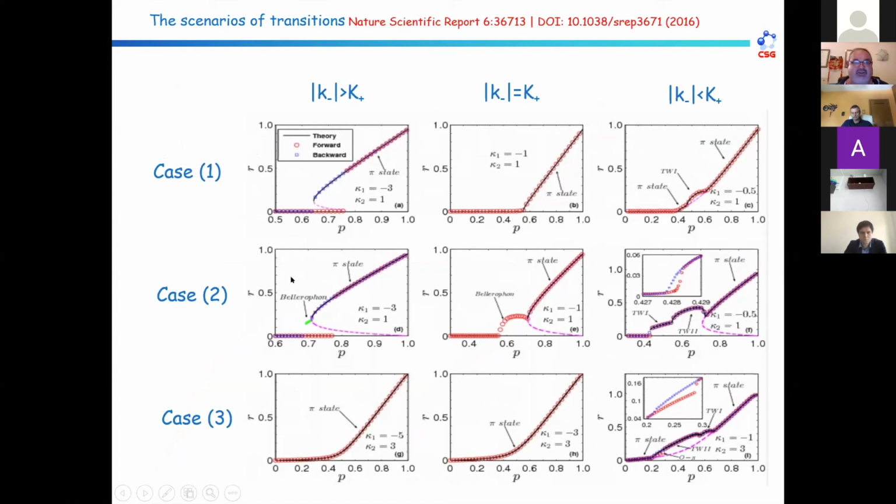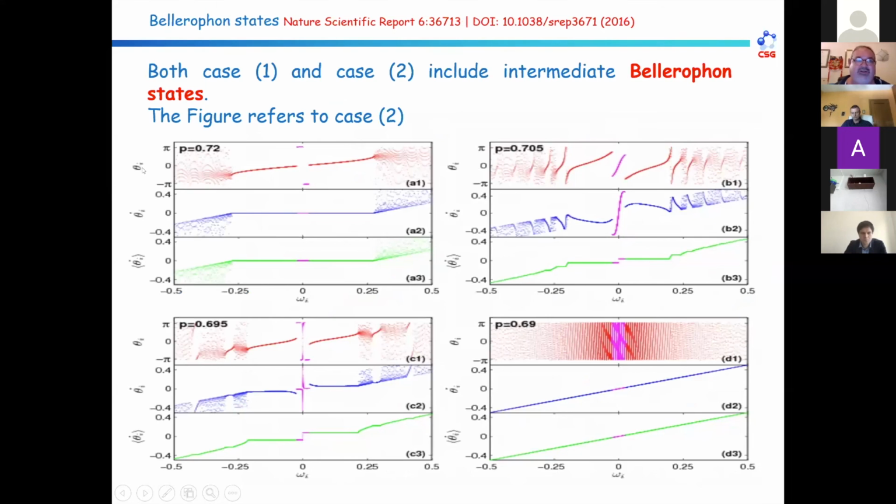Because if I show you now, again, the famous plot of instantaneous phases, instantaneous frequencies, and time average frequency, you see that you have the passage from no synchronization to full synchronization by means of this staircase situation. You will see much better here.